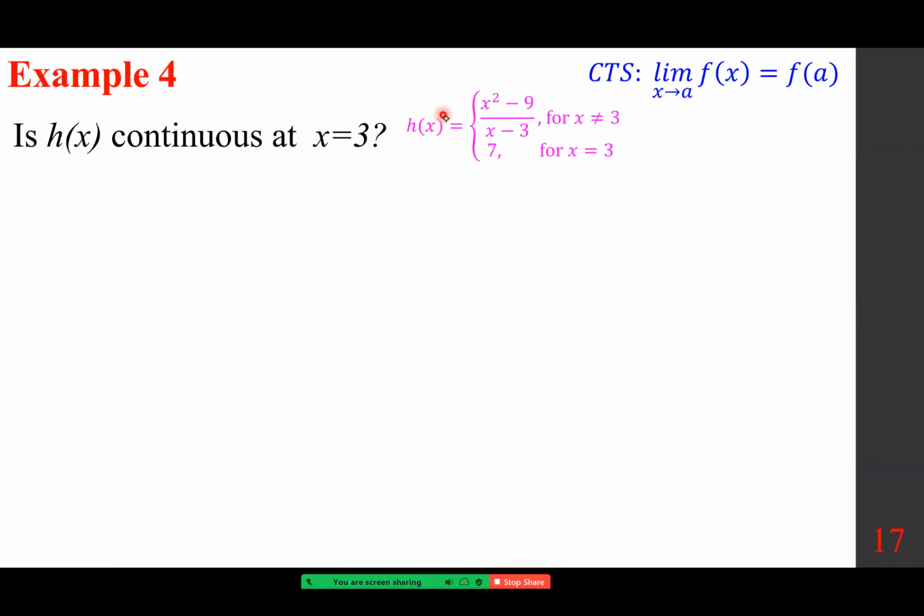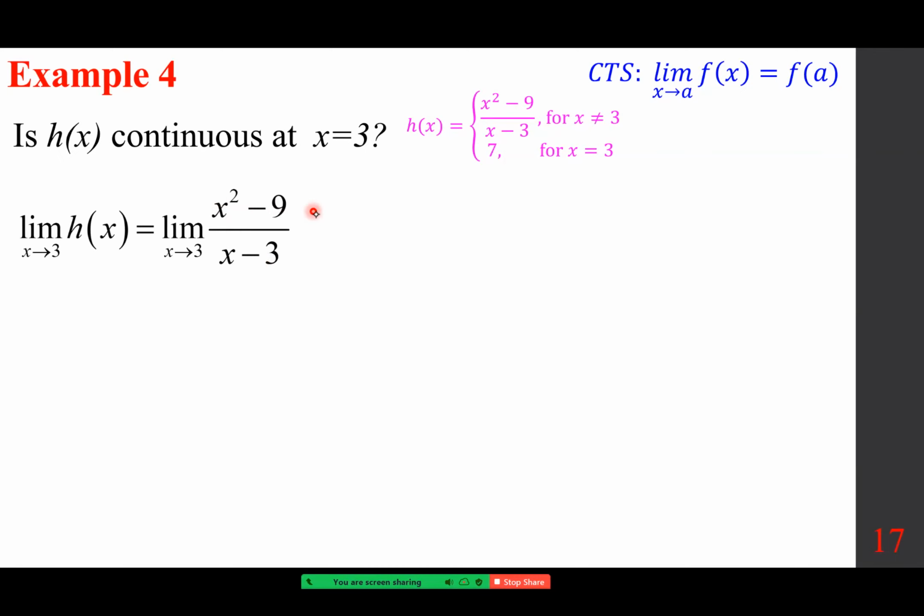So you have to take the limit, and because this is the expression, whether we approach 3 from the left or right, it's the same. We can take the limit in one shot. Take the limit of h of x as x approaches 3. So let's take the limit of this top expression as x approaches 3. If you plug in, you get 0 over 0, and the technique is factoring, and the numerator is in the form of a squared minus b squared.